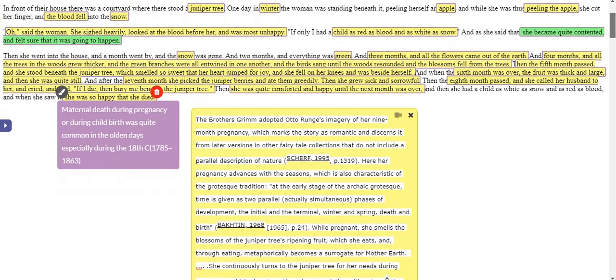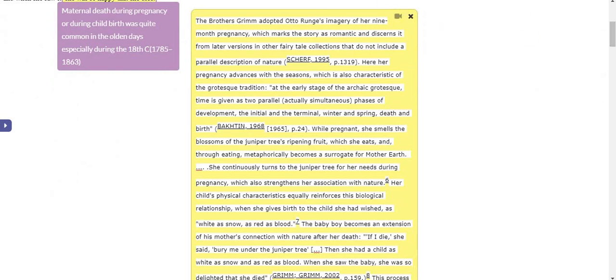This observation is made on the passage above. "The Brothers Grimm adopted Otto Runge's imagery of a 9-month pregnancy, which marks the story as romantic, and deserts it from the later versions of the fairy tale collections that do not include a parallel description of nature." So as I said before, in fairy tales, usually there won't be nature descriptions, there won't be descriptions of anything.